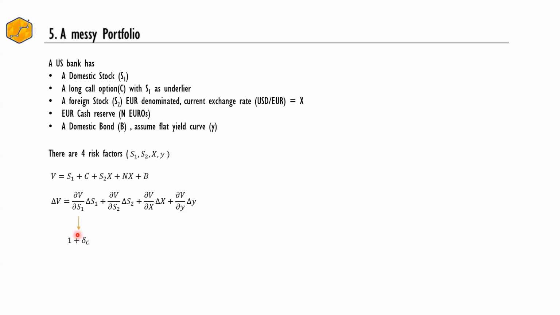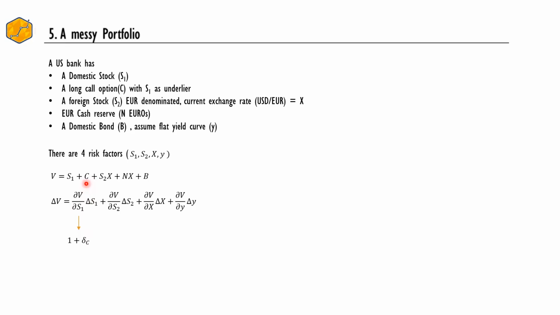What is del V by del S1? Look at this. There are 2 terms which are affected, which will be considered here. All these other terms will be treated as constant, right? When we are differentiating with respect to S1, here we'll get a 1. Delta C by delta S1 is the delta of the call option, the change in value of the call price with respect to change in the underlier, which is S1.